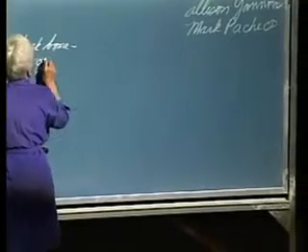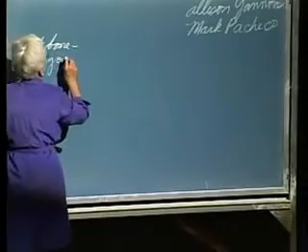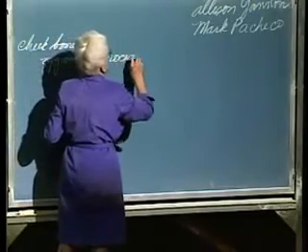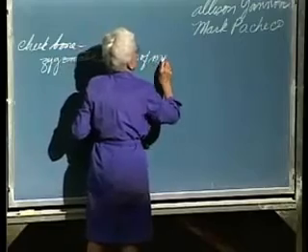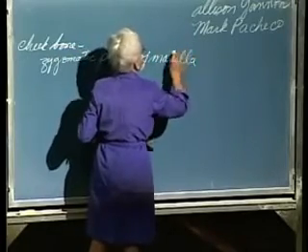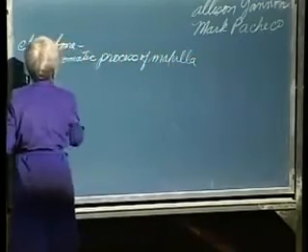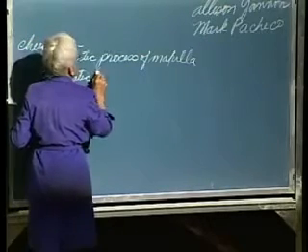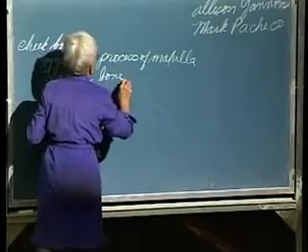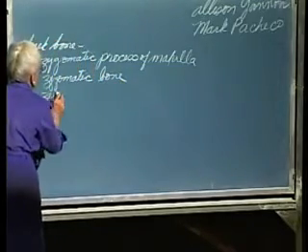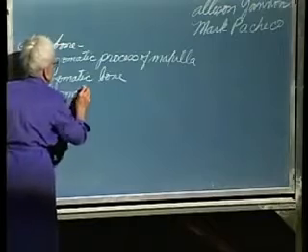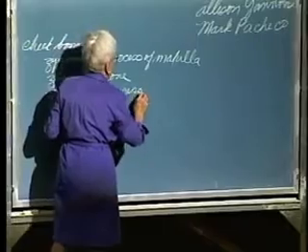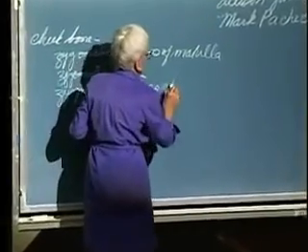You have the zygomatic process, which just meant a bar, zygomatic process of maxilla. You have the zygomatic bone. And the zygomatic process of the temporal bone.